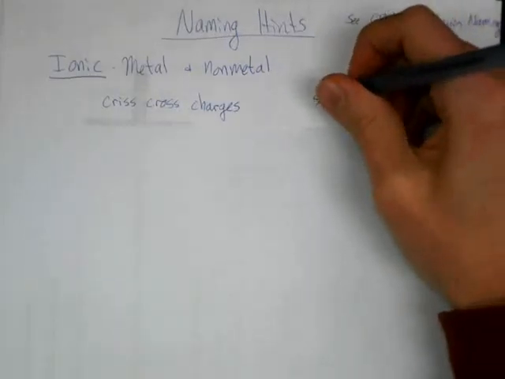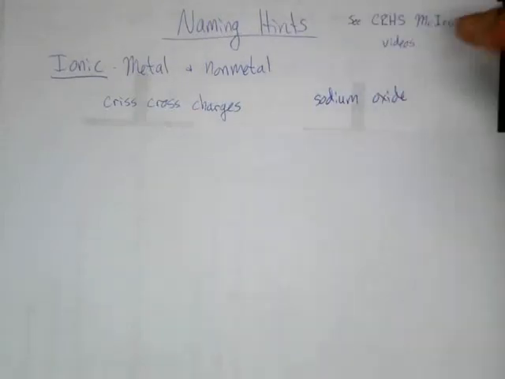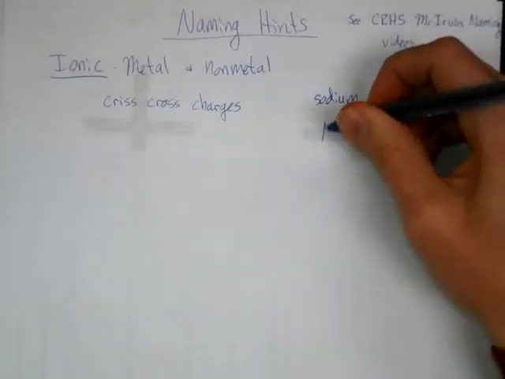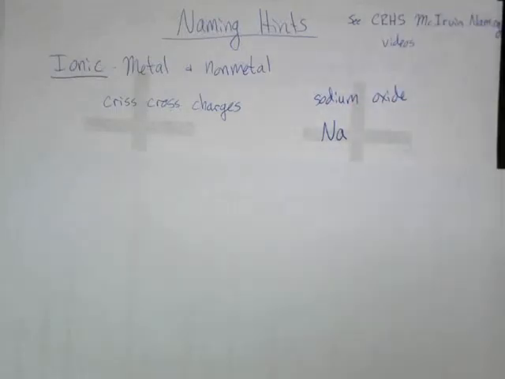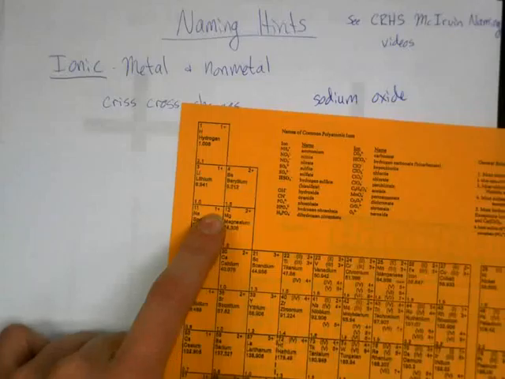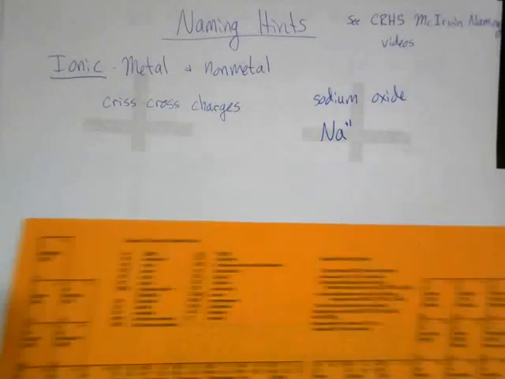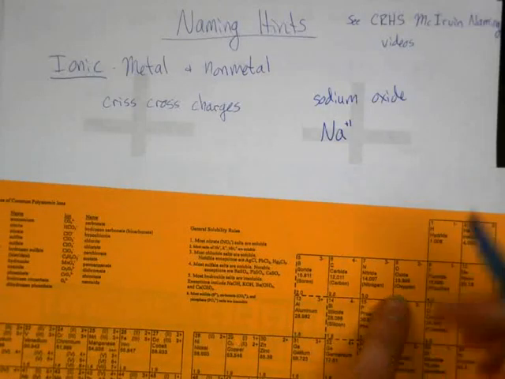One such example would be something like sodium oxide. We can look up sodium, Na, on our periodic table, and it has a +1 charge. Oxide is oxygen.